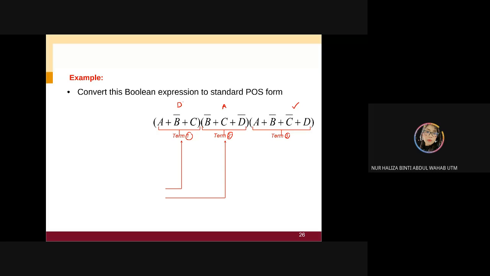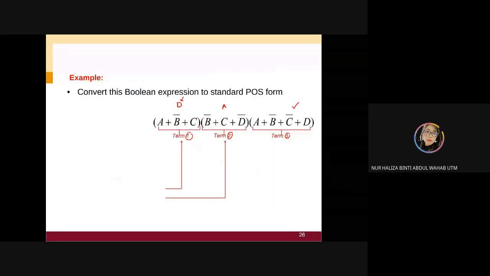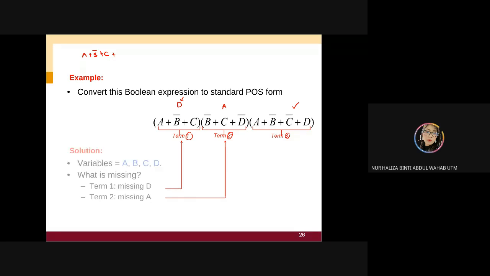So for you to get input D, what you need to do, you're going to apply the rules number 8. So let's say I have here A plus B bar plus C. I'm going to add with D dot D bar.